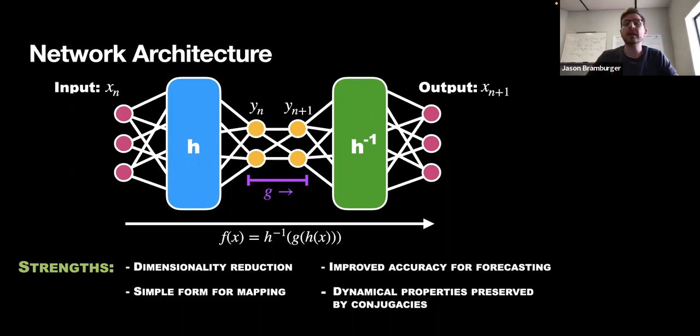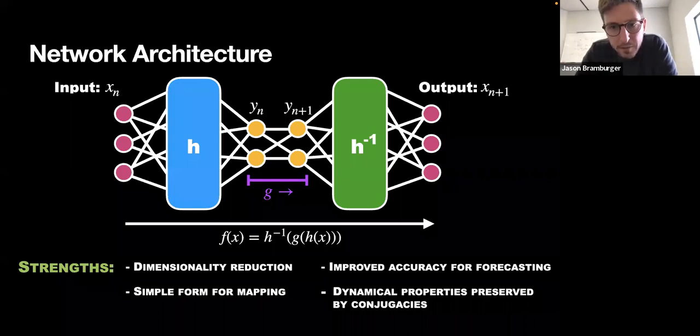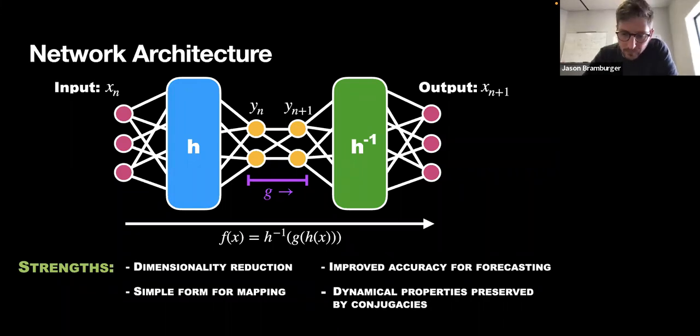And then I can use my decoder, or the inverse of my conjugacy, H inverse, to lift those points back up to the corresponding intersections of the unstable periodic orbit with the Poincaré section in the observed space, right, in the XN data set. So this gives me a way of systematically and accurately mining out my unstable periodic orbits.